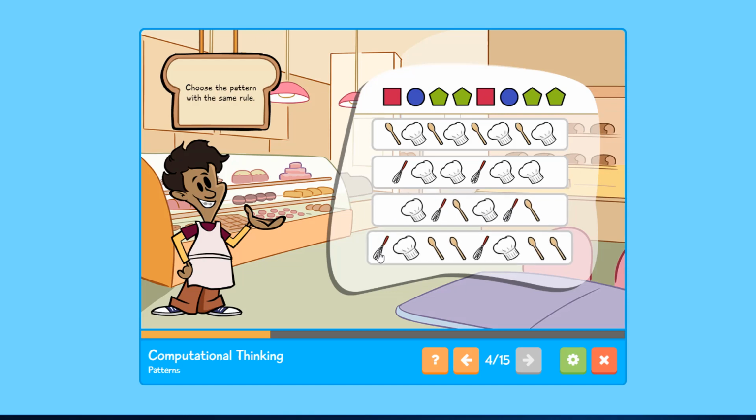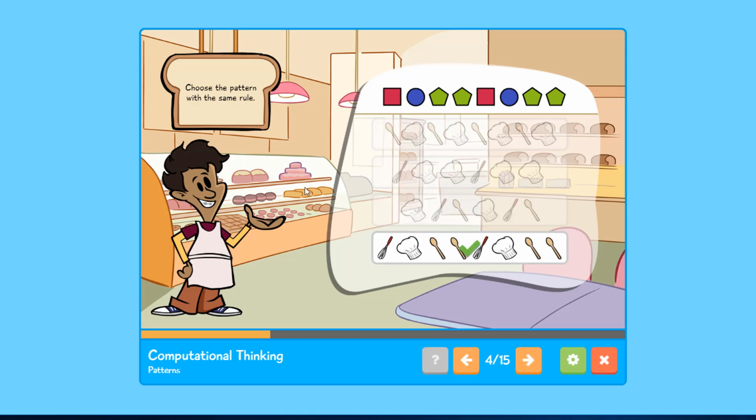How about this one? A, B, C, C. Maybe. Let's do this one again. It was A, B, C, C, right? So what do you think? Does this one match? Yes, I think so too. So let's click on this one. Great! That pattern follows the same rule as the colors.